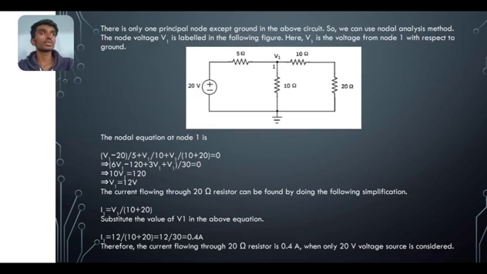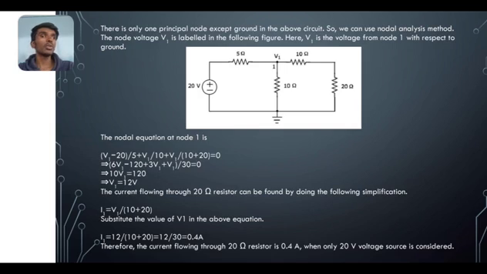In this figure, V1 is the node. We can apply nodal analysis at node voltage V1. The nodal equation at node 1 is (V1 minus 20) divided by 5 plus V1 divided by 10 plus V1 divided by 10 plus 20 is equal to 0.